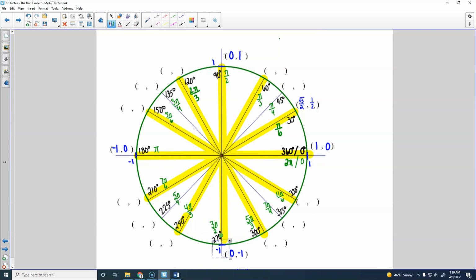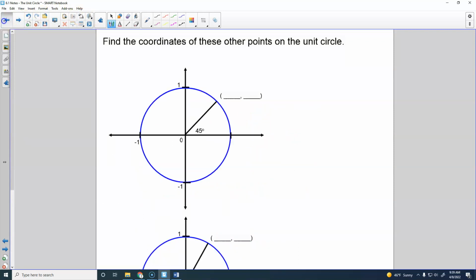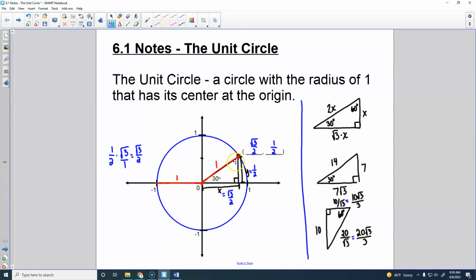Something that helps me remember that is if I think about that triangle, which side is longer, the x or the y? Let me go back to this. So if we look at this triangle here that we drew, which side is longer, that x side right there or the y side?